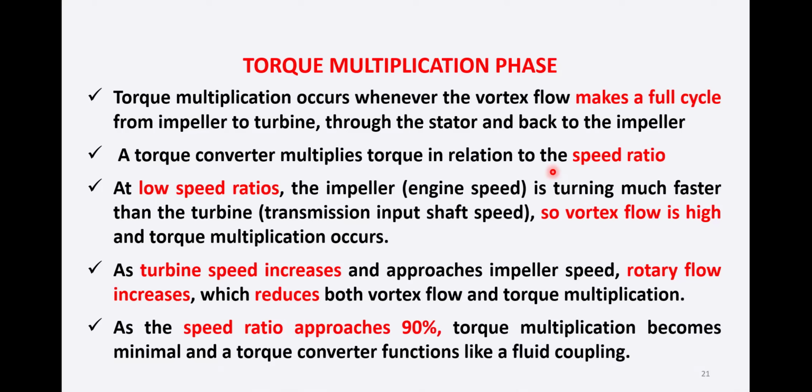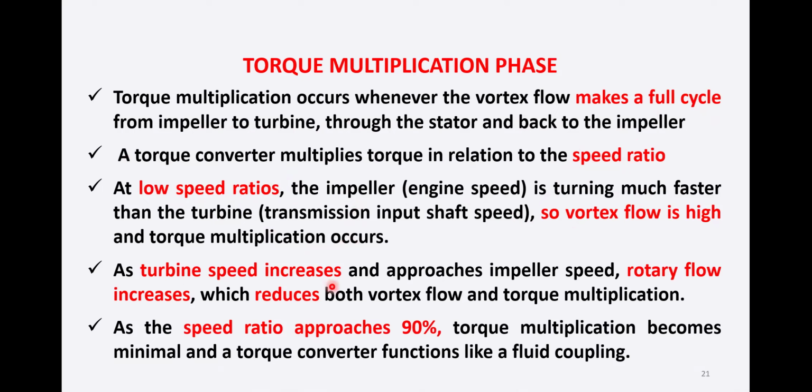Torque multiplication occurs when the vortex flow takes a full cycle from the impeller to the turbine through the stator and back to the impeller. The torque converter multiplies torque in relation to the speed ratio. At lower speed ratio, the impeller (engine) is running much faster than the turbine (transmission input shaft), so the vortex flow is high and torque multiplication occurs.